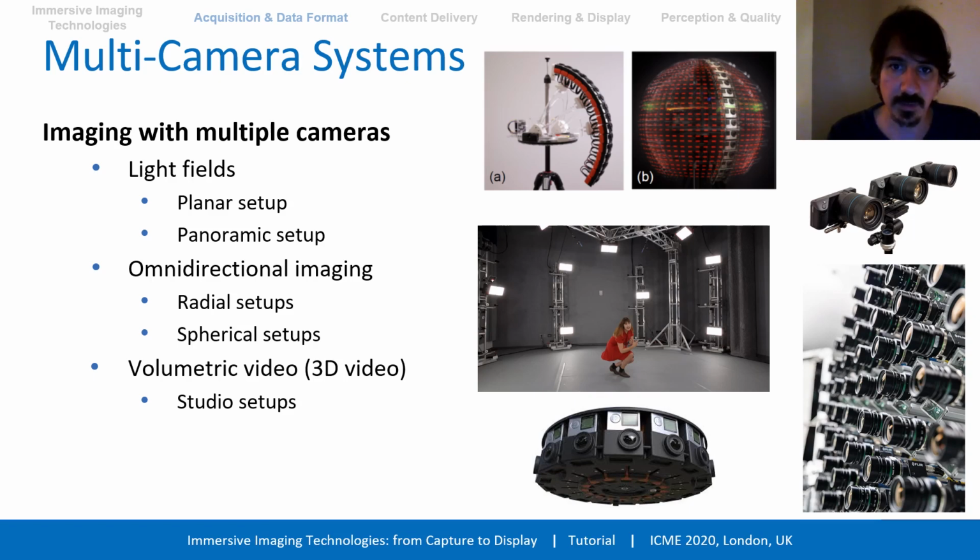So here we are going to see more complex systems based on multiple synchronized cameras recording at once. All the different imaging modalities listed here can be captured using these systems: light fields, omnidirectional imaging, and volumetric videos.